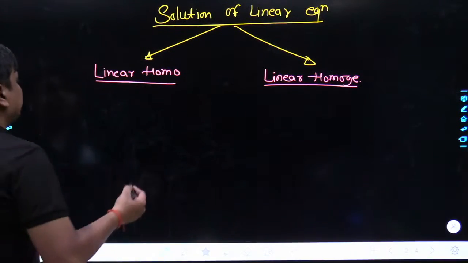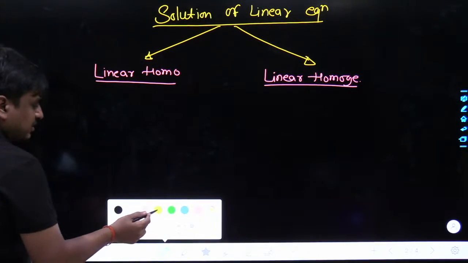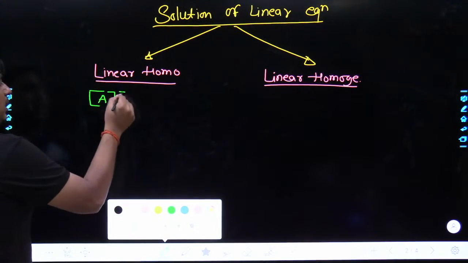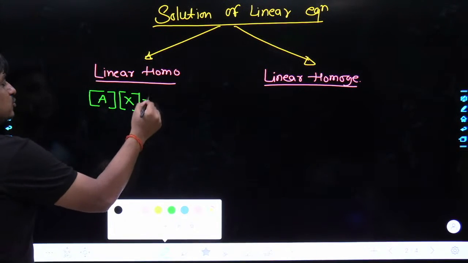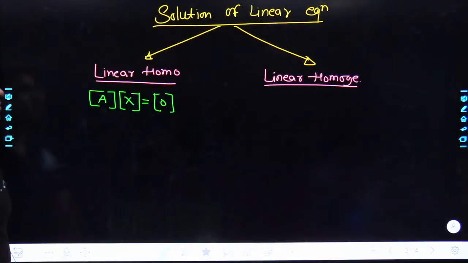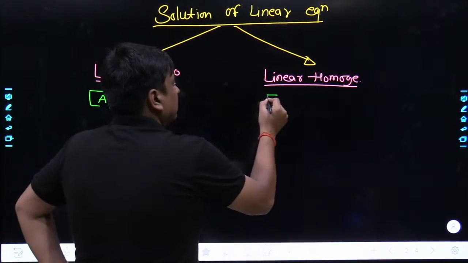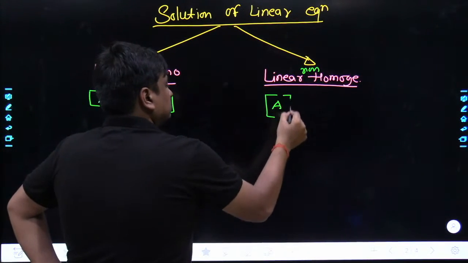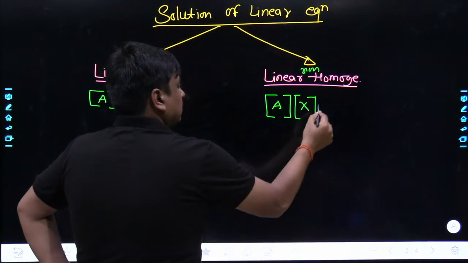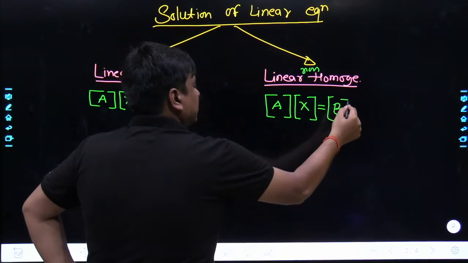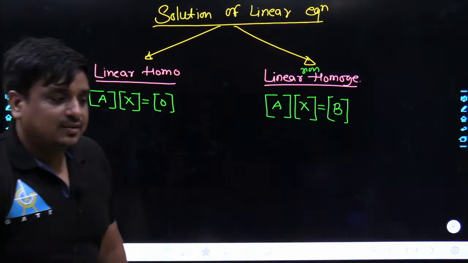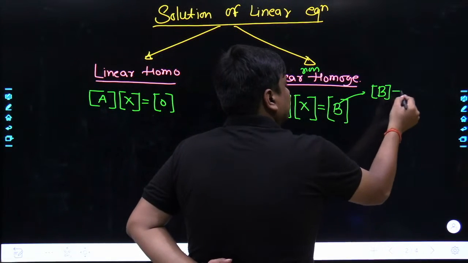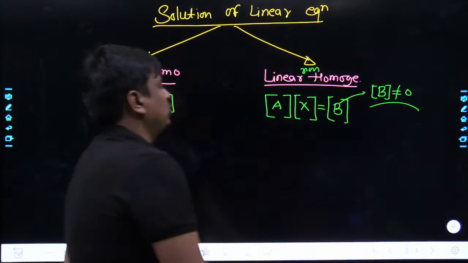See, the homogeneous form would have the structure AX equals a null matrix, whereas the non-homogeneous form would have the structure AX equals B, where B is not a null matrix.